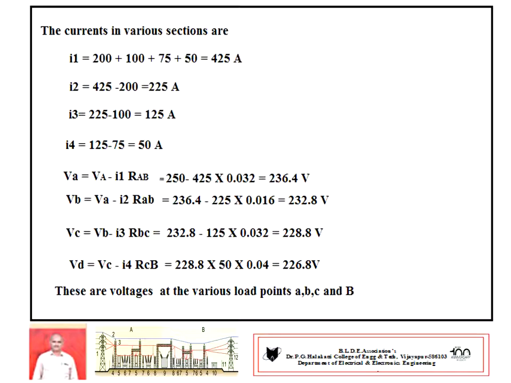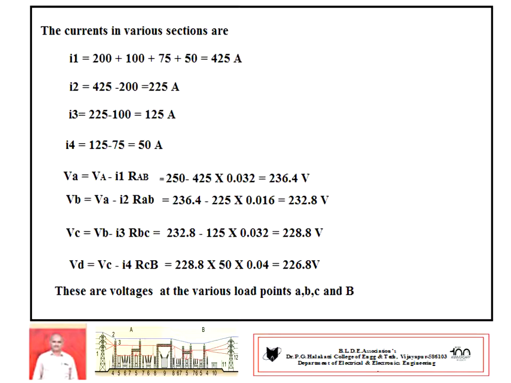Similarly, I2 is the total current 425 minus 200, which is 225 ampere. I3 is 225 minus 100, which is 125 ampere. Similarly, I4 is 125 minus 75, which is 50 amperes. After knowing all the currents, go for the voltage drops.